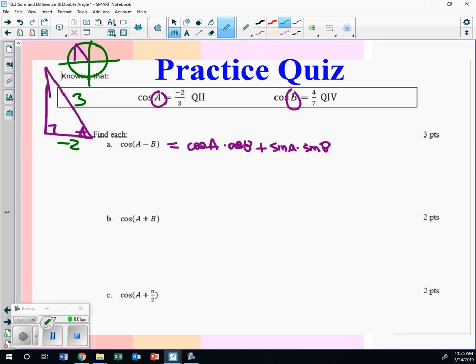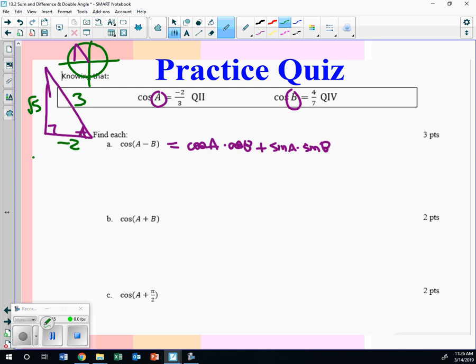If this is 3 and this is negative 2, what will this side be? You got it, the square root of 9 minus 4, root 5, perfect. And it's positive in quadrant 2.